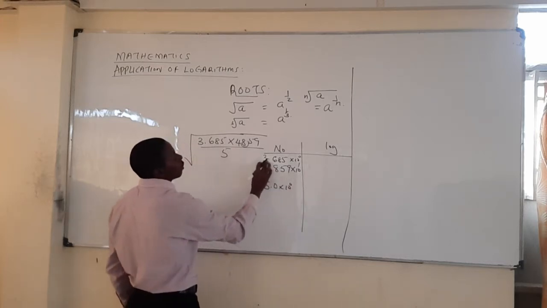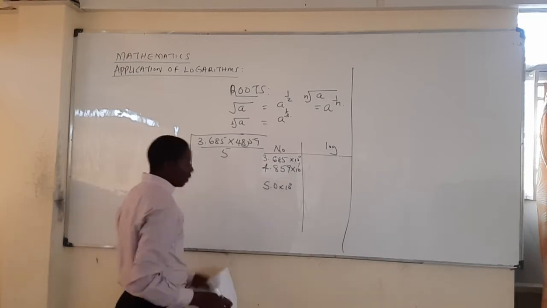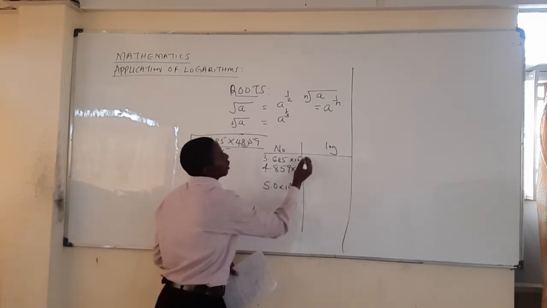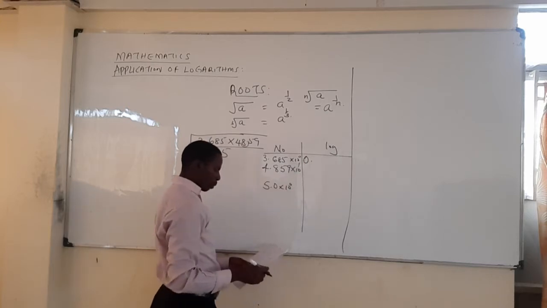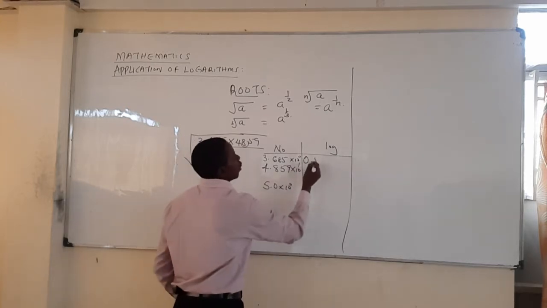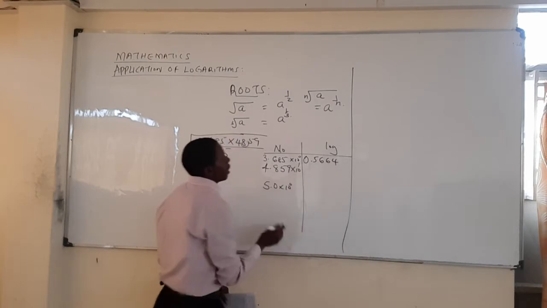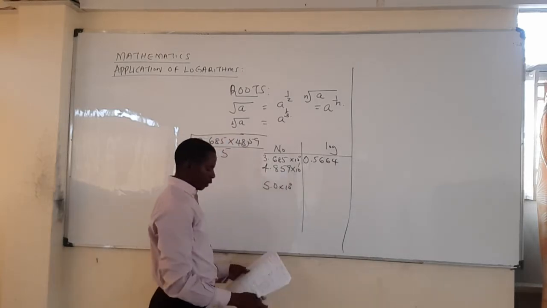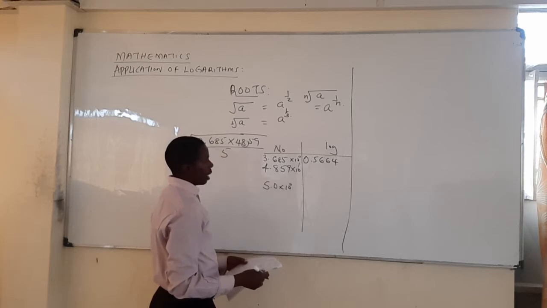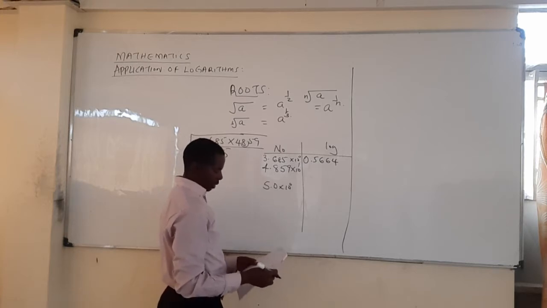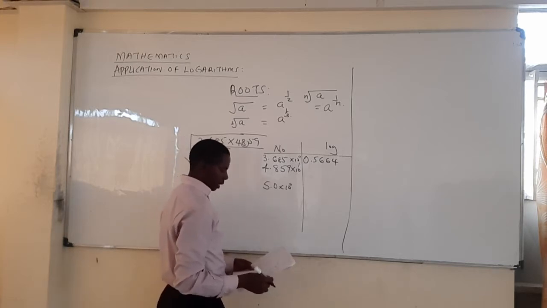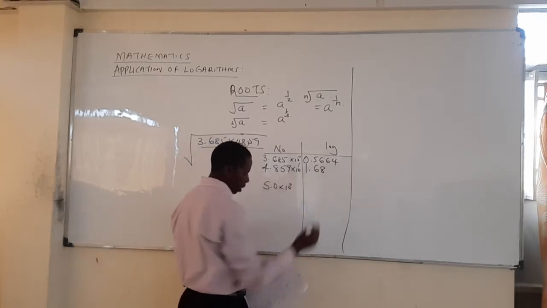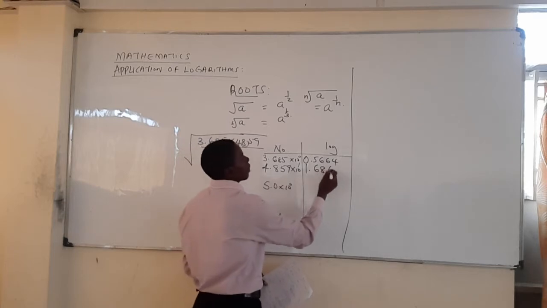So we need the log of 3.685, and that is going to be 0.5664. Then the log of 4.859, we get 1.6865.